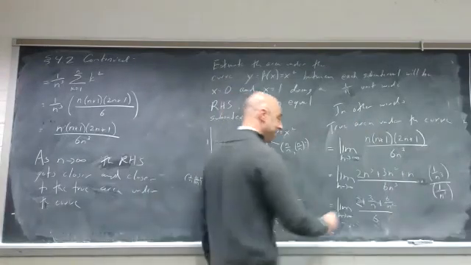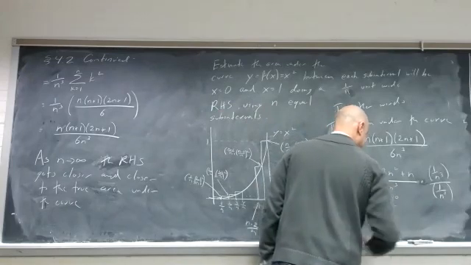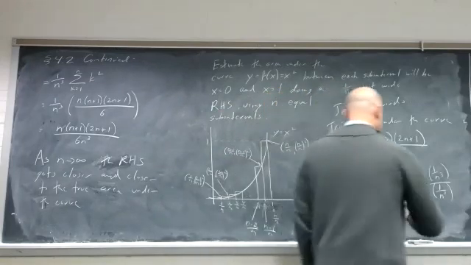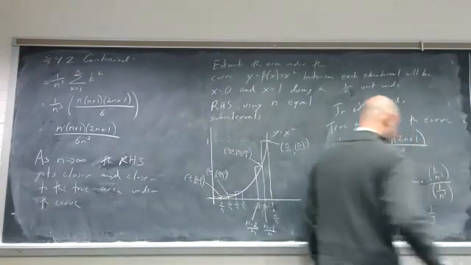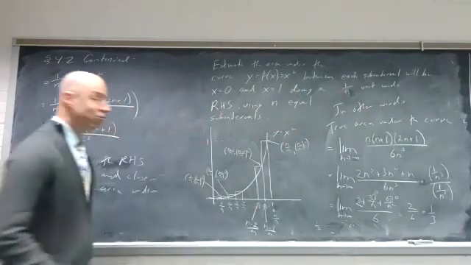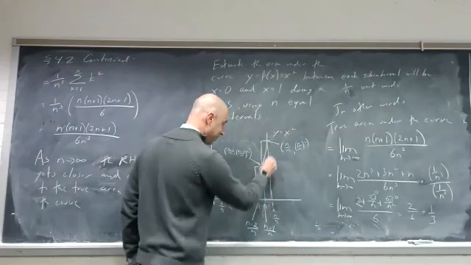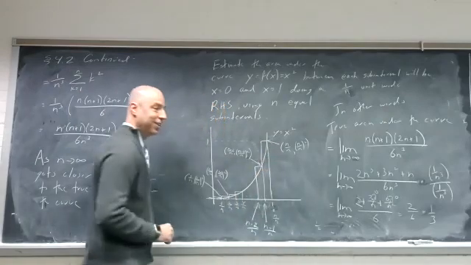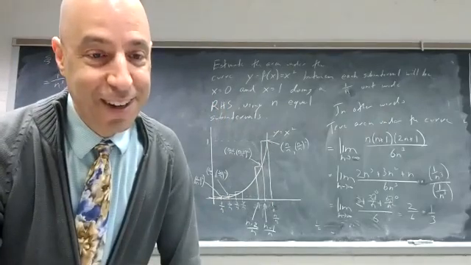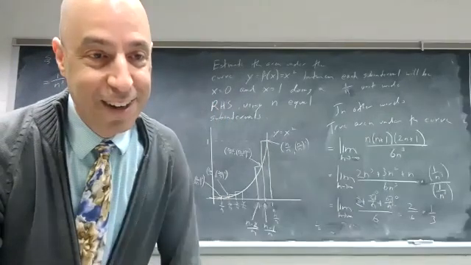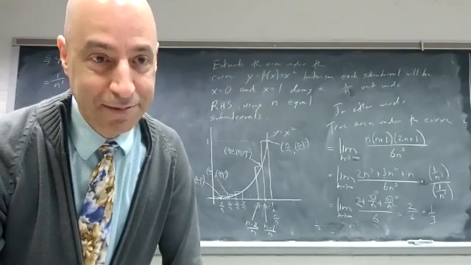And as n gets big, that goes to 0. That goes to 0. We're left with 2/6 or 1/3. The true area underneath the curve is 1/3. We needed calculus limits to get to the end point.